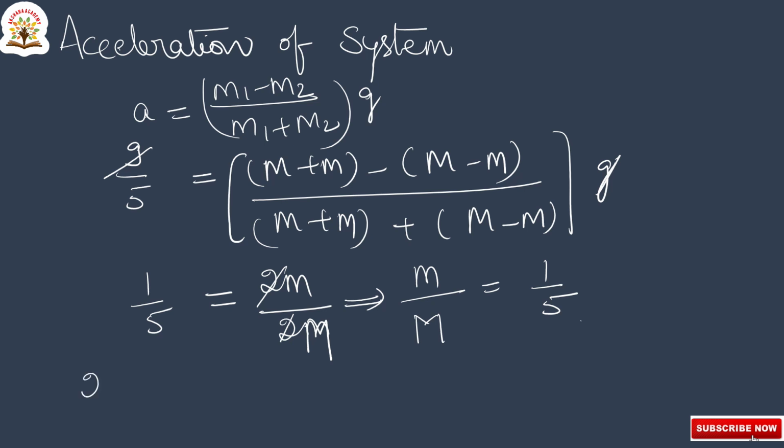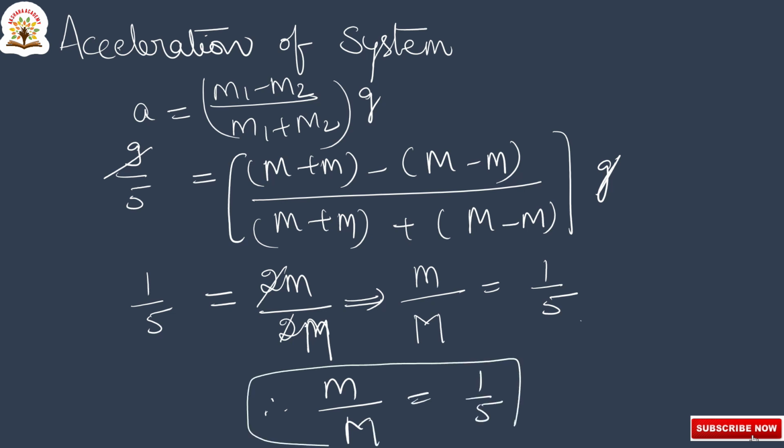So 5m is equal to M. Now the fraction, therefore m by M is equal to 1 by 5. This is the final answer.